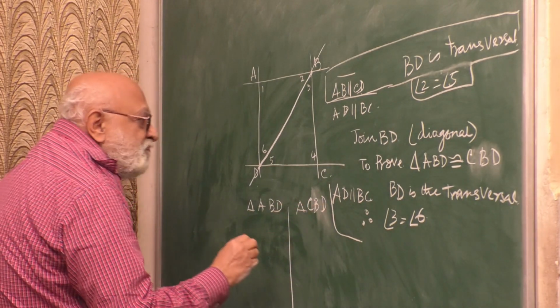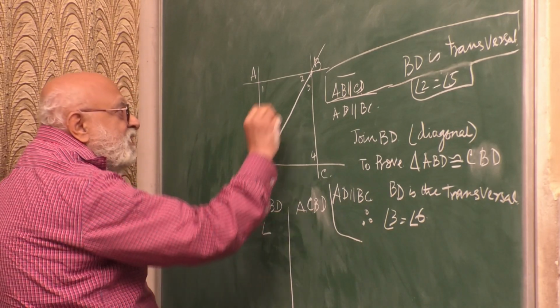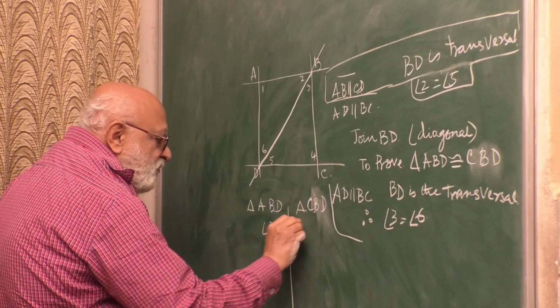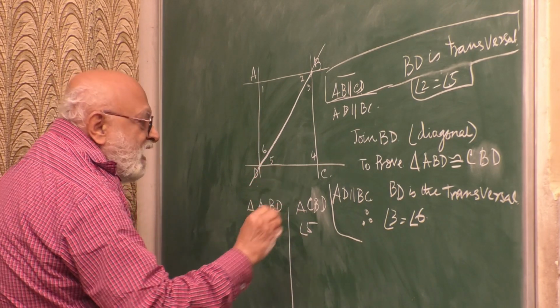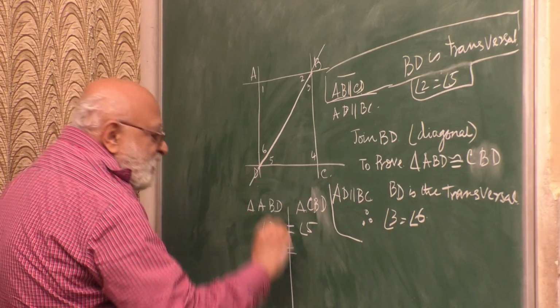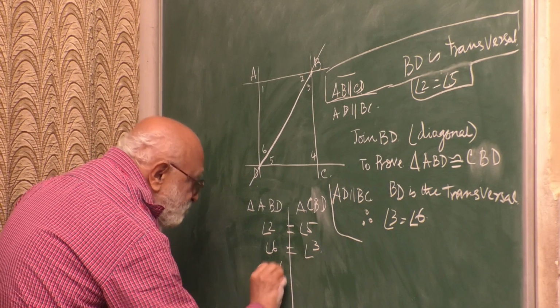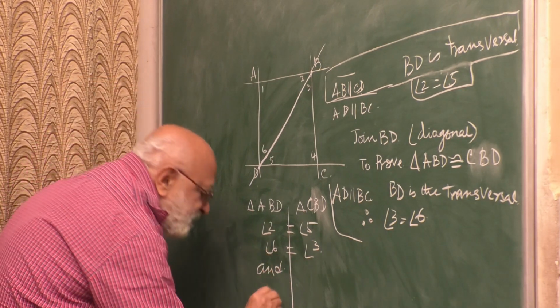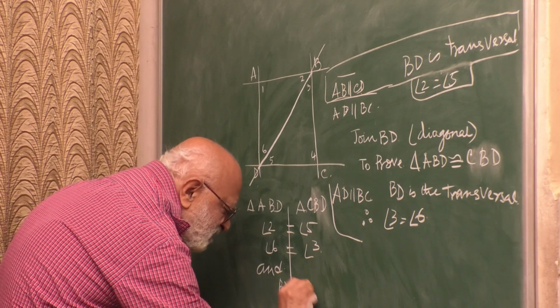We have already proven angle 2 is equal to angle 5. We have also proven angle 6 is equal to angle 3, and BD is common.